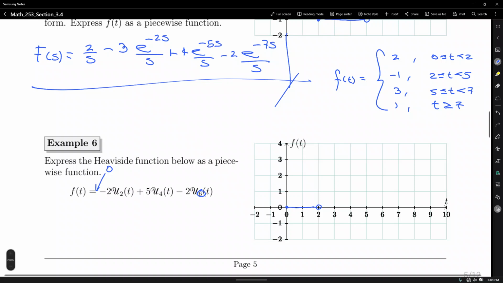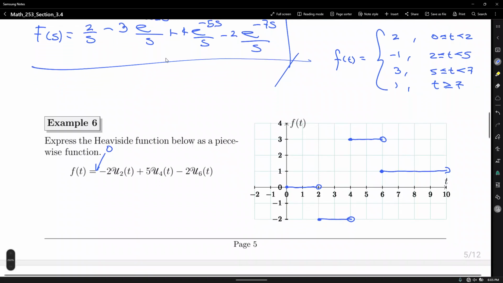So go down 2 units, turn it on, and then keep going from 2 all the way to 4, and turn it off at 4. And then we have a +5. That means we have a gain of 5 units. So that's 1, 2, 3, 4, 5. Turn it on, and then go all the way from 4 to 6. Turn it off at 6. Finally, we have a drop or a loss of 2 units. So that is 1, 2. Turn it on here, and then just go all the way to infinity.